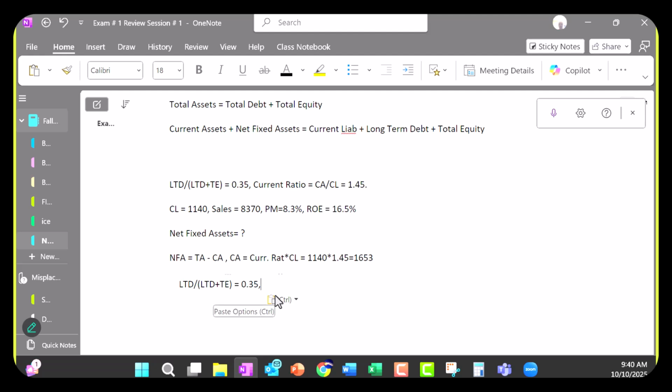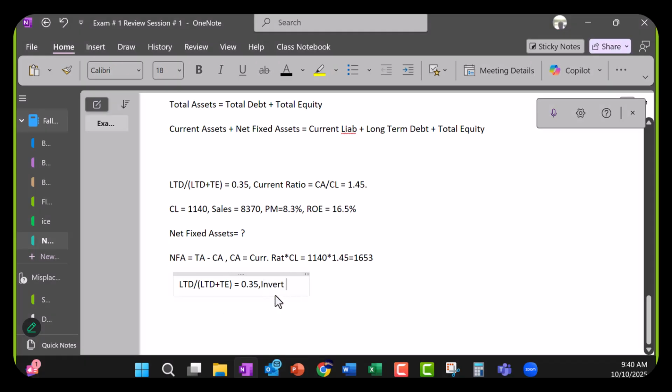If I invert this, that means long-term debt plus total equity divided by long-term debt is equal to 1 over 0.35. Okay.